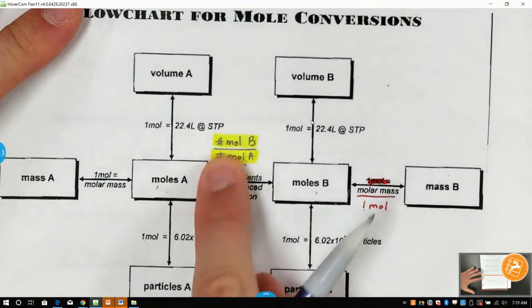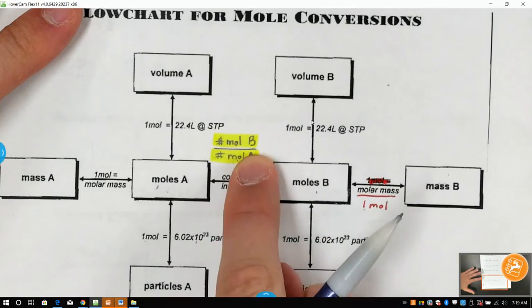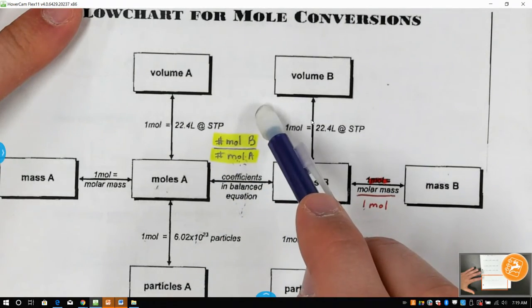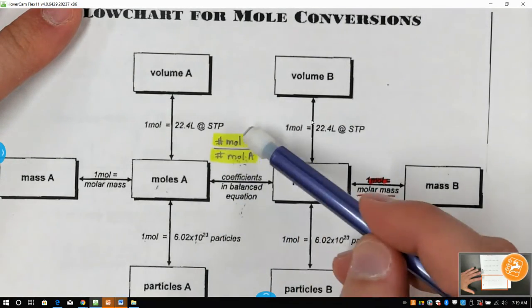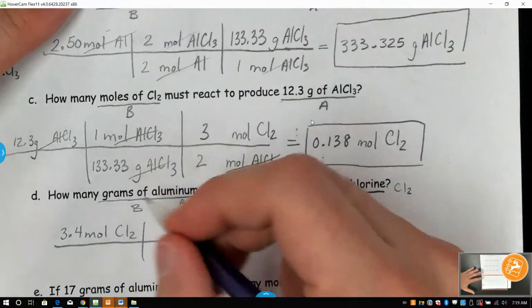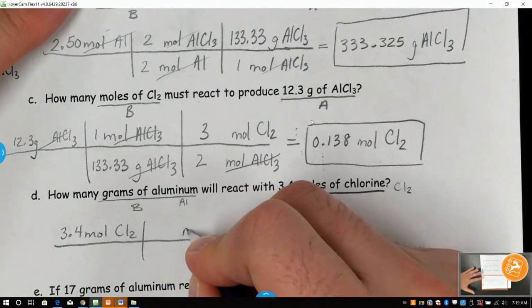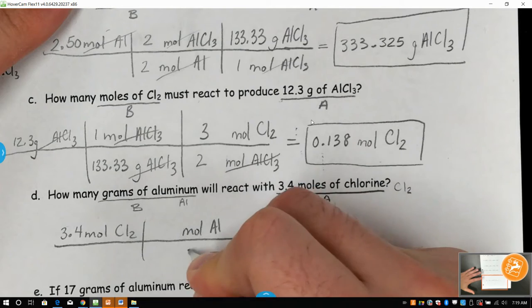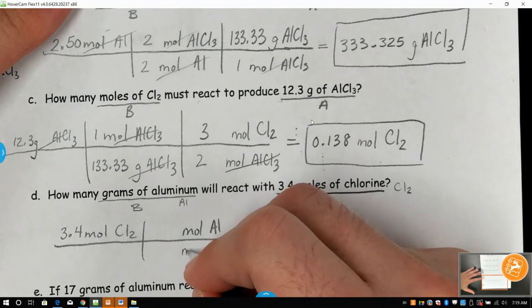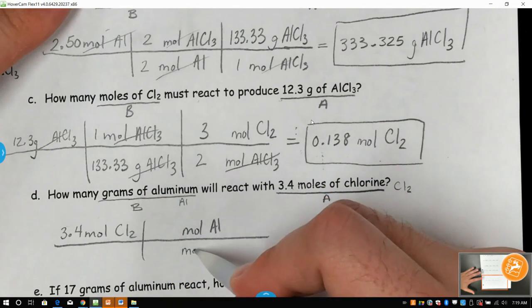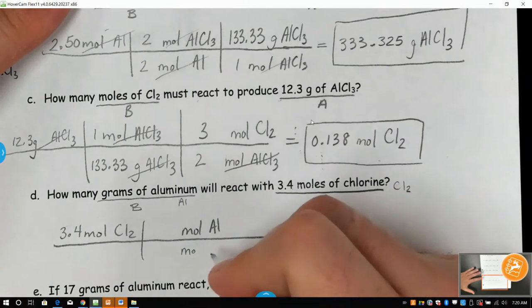So first, the conversion: moles of B on top. B was aluminum, so moles of Al on top. We have to get out of moles of A, which was chlorine, Cl2.